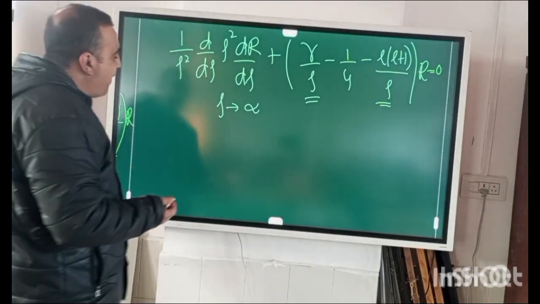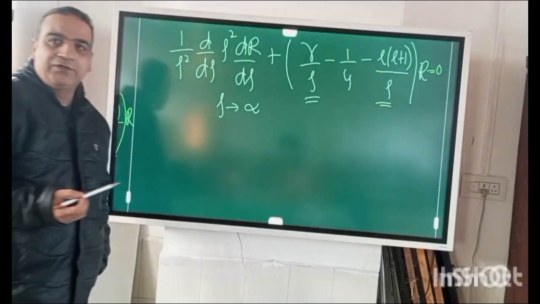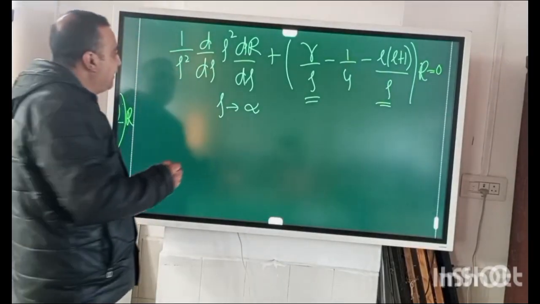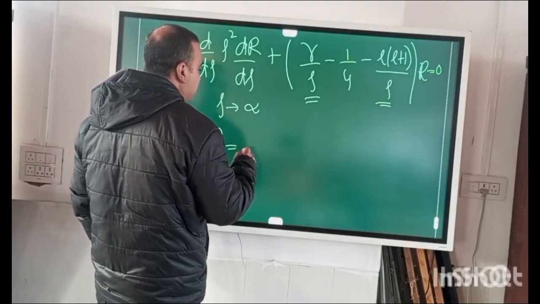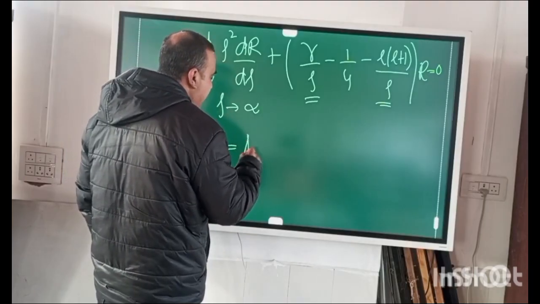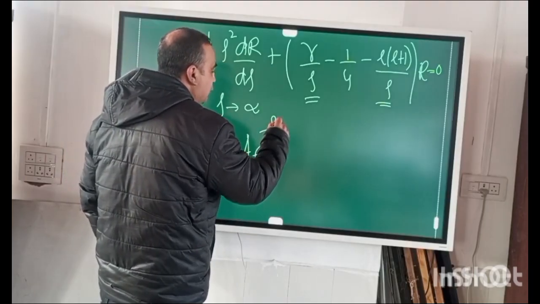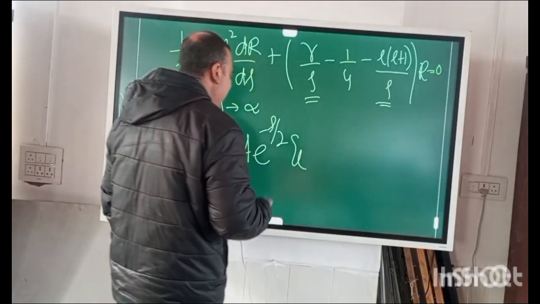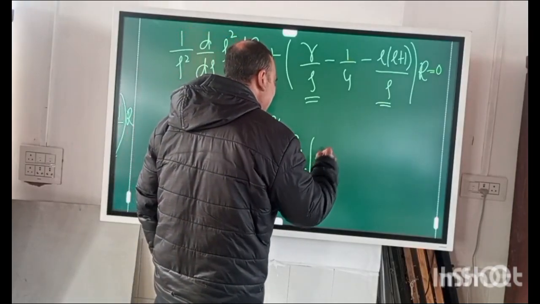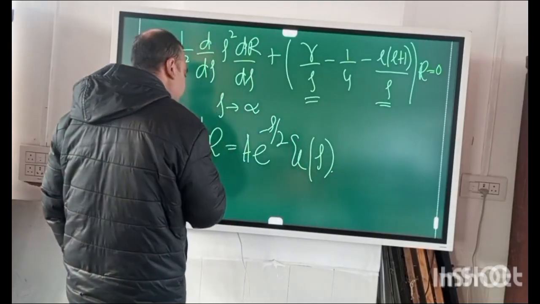So if I go with the asymptotic solution to this equation, the solution that I will choose is r equals A e to the power of minus rho by 2, multiplied by another variable zeta as a function of rho.